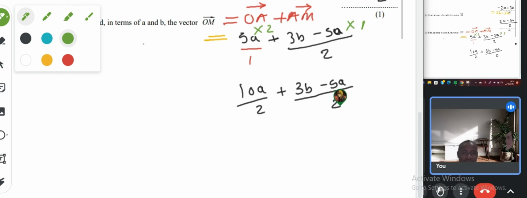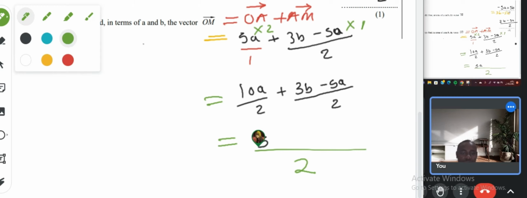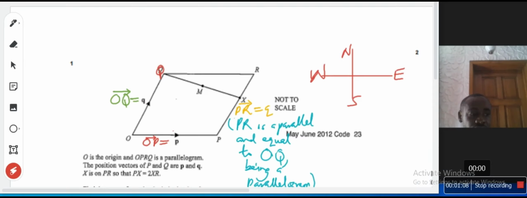So everything will now be equal to what? Everything is now over 2, and then you write that out because you raise them to a common denominator. So you now have plus 3b all over 2. So that's how it will be. Is that clear? Yeah. I'm on the second page.